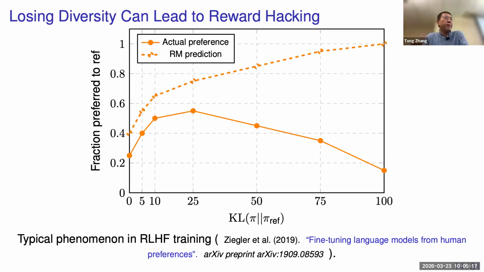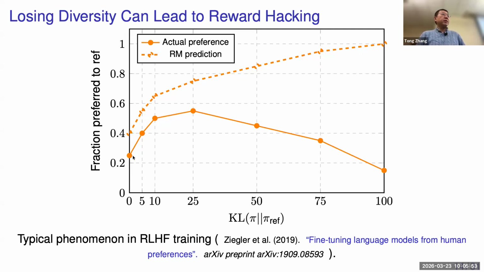One thing that happens with KL: another reason you want KL to be closer is something called reward hacking. That actually happens quite a bit, and there are ways to address it using iterative methods. Basically, when your KL increases, you certainly lose diversity, but the reward doesn't necessarily get better. Even though you are optimizing reward, this is your trained reward model. On your training data, your reward keeps going up.